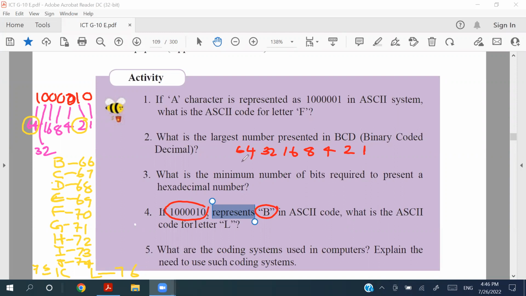We can have 64 for 1, so there is a 64, and we need another 12 to create 76. We can take 8 and the 4. The rest of the places represent zeros. Yeah, so that represents the letter L.